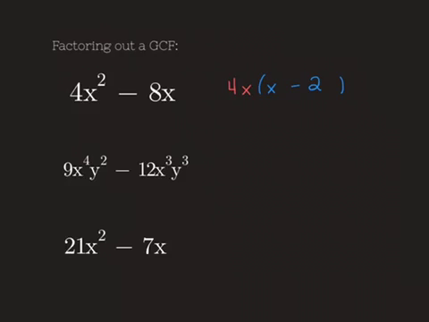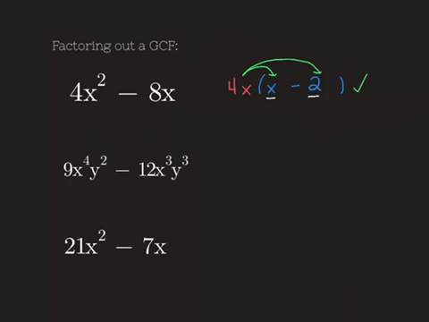So the one thing you want to look for is, do my factors inside my parentheses have anything in common? They don't. And I can easily check GCF factoring by simply distributing. So if I went back and multiplied this, would I get 4x squared minus 8x? And I would, so I know this is correct.